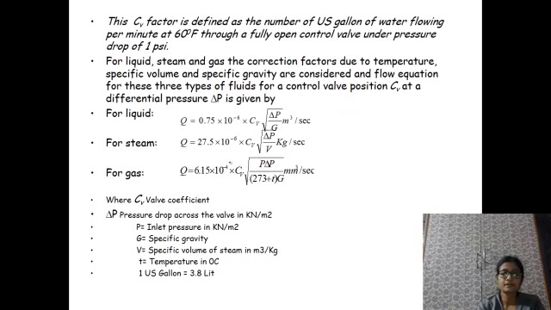So CV is the valve coefficient, delta P is the pressure drop across the valve in kilonewton per meter square, P is the inlet pressure in kilonewton per meter square, G is specific gravity, V is specific volume of steam, and T is temperature in centigrade, and 1 US gallon means 3.8 liters. This is from the standard definition.